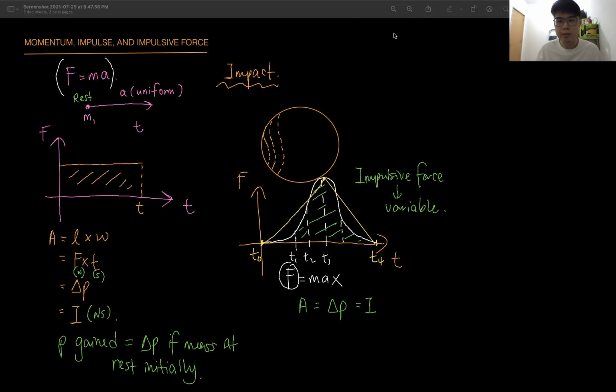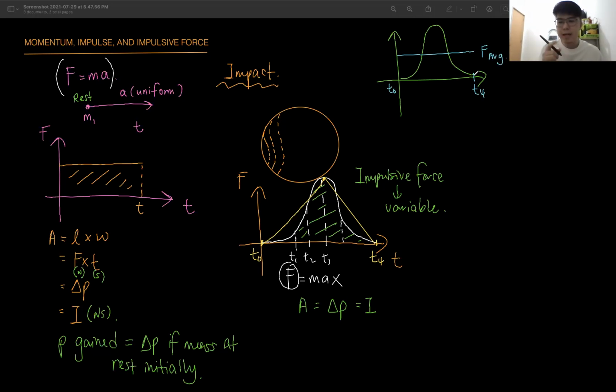So the graph looks like this. We find the average somewhere here, closer to the bottom. This is the time period T0 to T4. Somewhere here, we draw a line and we call this the F average.